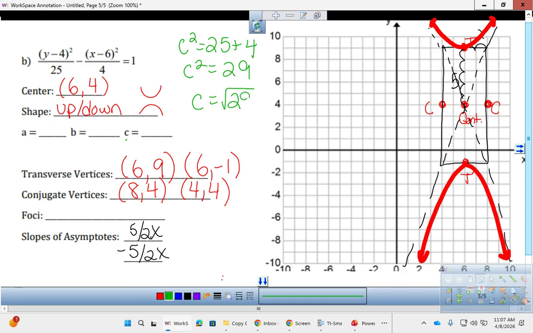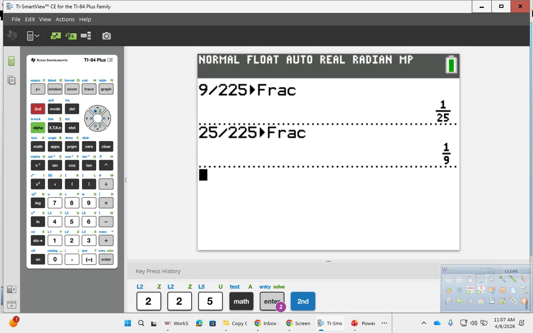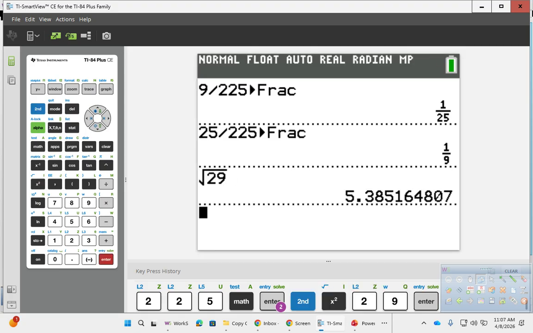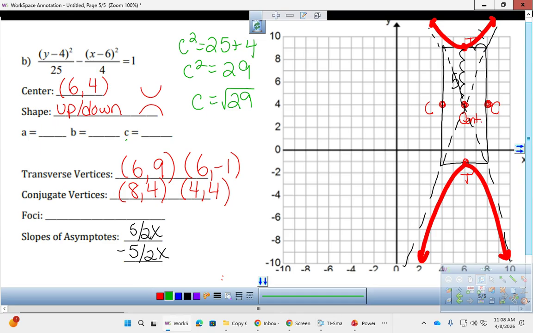Now, when I'm going to graph the square root of 29, I'd rather estimate it as a decimal because I'm not quite sure where that's going to fall on the graph. So I'm going to go 5.4-ish when I graph it. I'm just making an estimate. And that's going to be in the up and down direction so that it's inside of the shape.